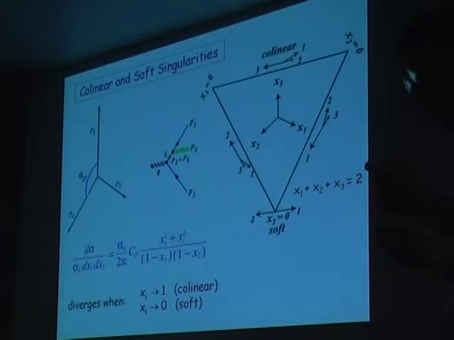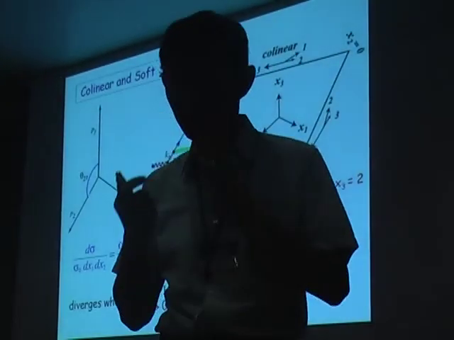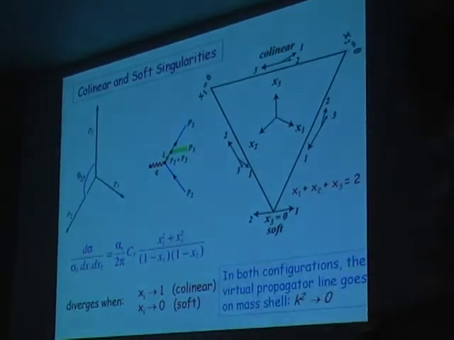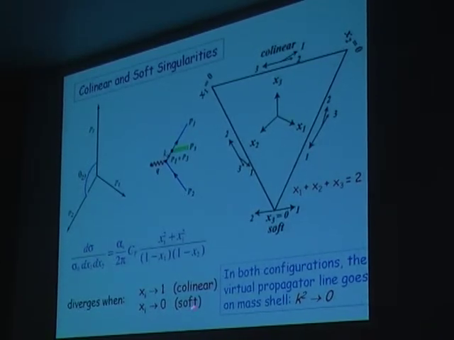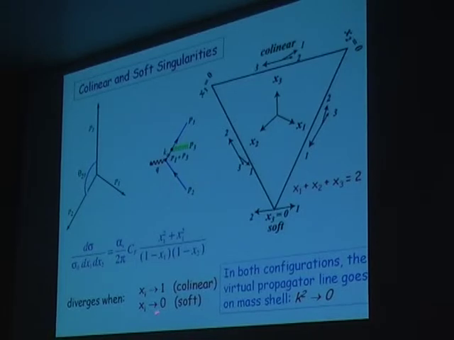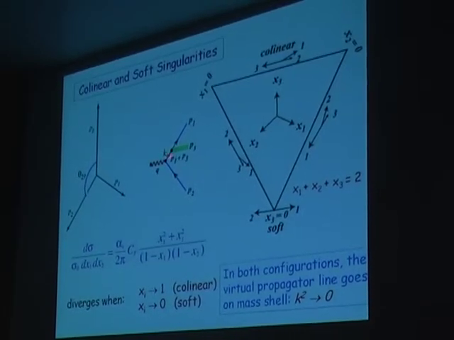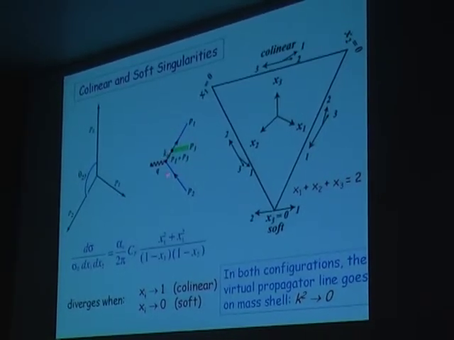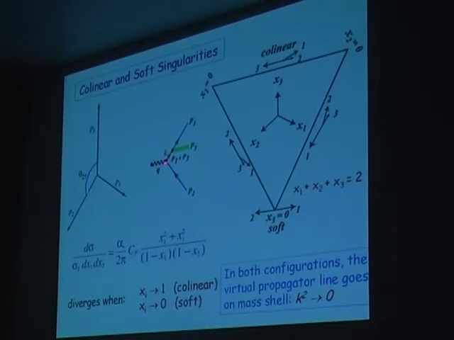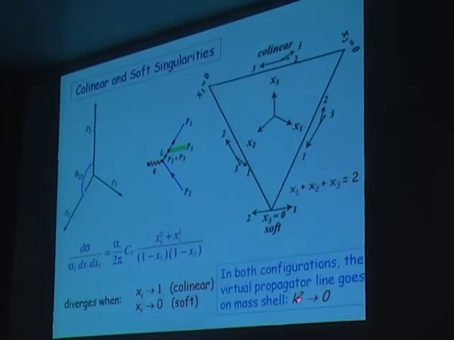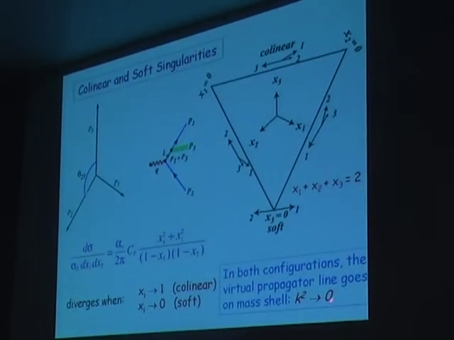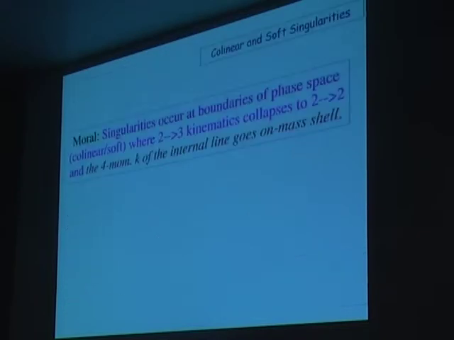So given the fact that this simple calculation gives you divergent results, how are you going to deal with this problem? You can also show that in either of these configurations, these are all real particles. Here is one virtual exchange particle. These configurations correspond to the fact that this k squared goes to 0, namely, since the propagator is 1 over k squared, that is why it diverges.